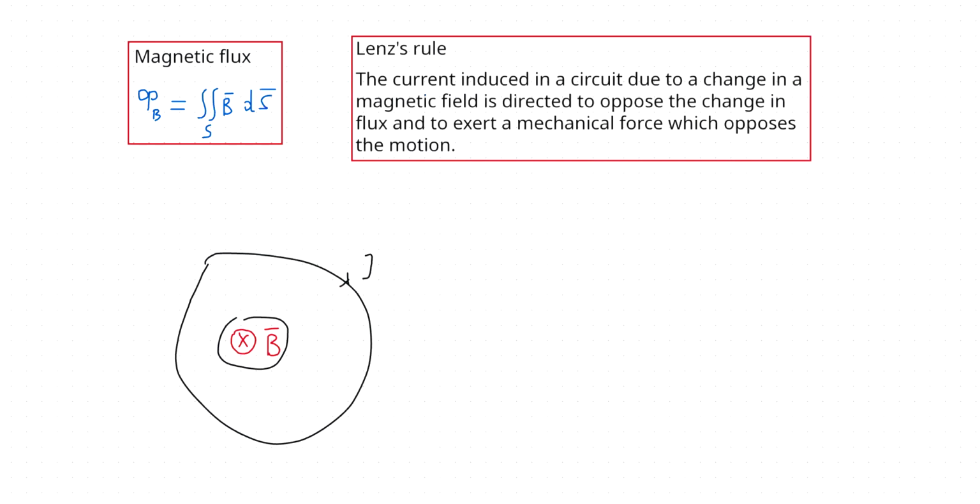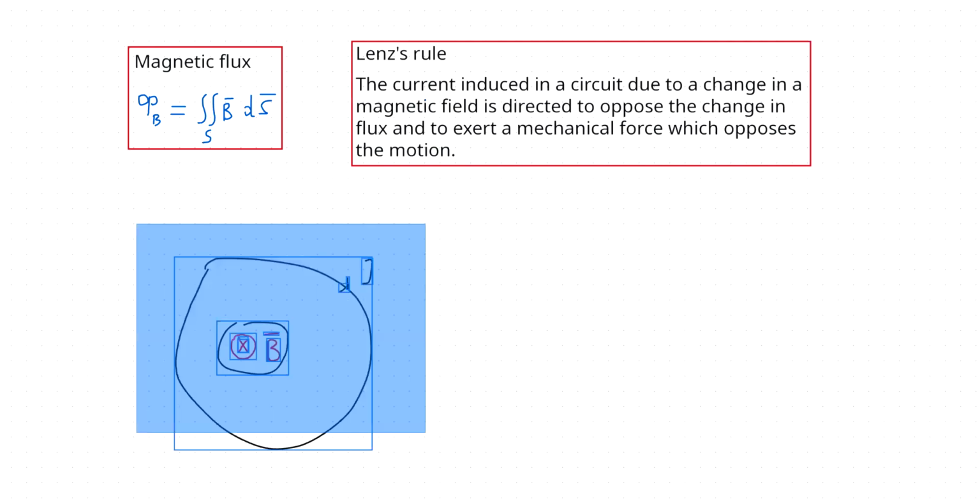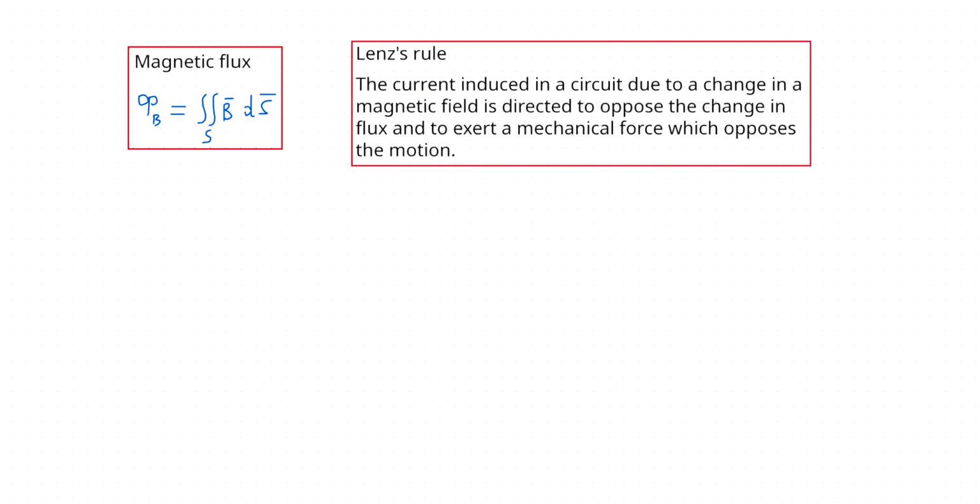Okay, so the next step is to connect a change in magnetic flux and induction current, because now, according to Lenz rule, we know only the direction of induction current, but it is also necessary to define a value of this current.